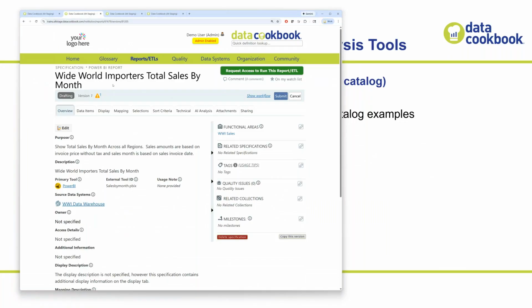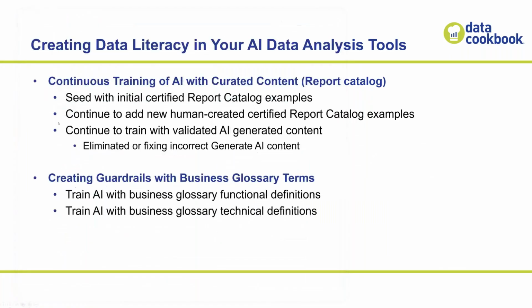So you can export that out of the tool and push that in. Anyway, you can seed this with your existing set of reports and say, this is everything that we've got documented and certified, and push that in, and it would use that to generate other similar reports around that data. As you add new human-created and certified reports, you can continue to feed that to the AI to help it inform.